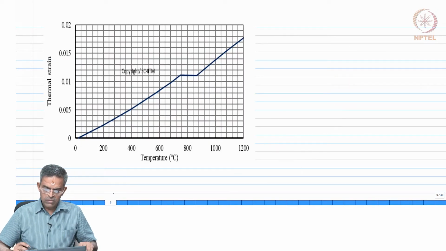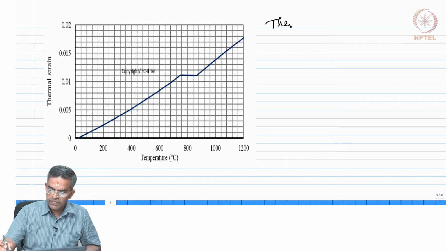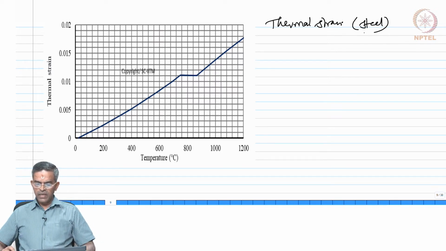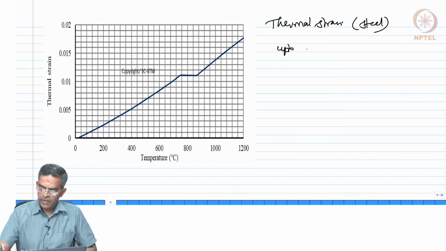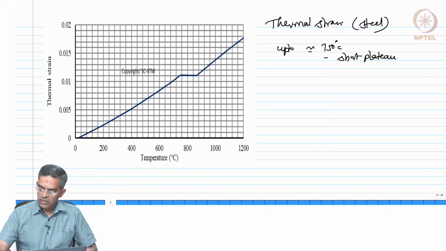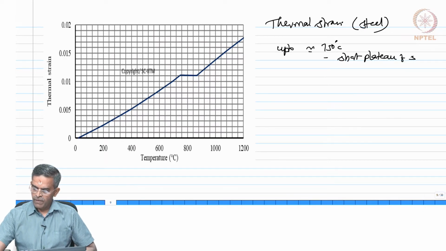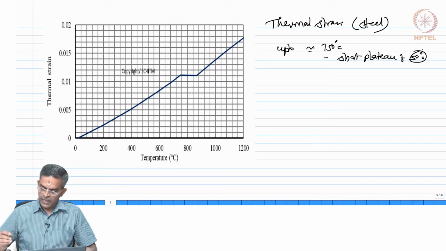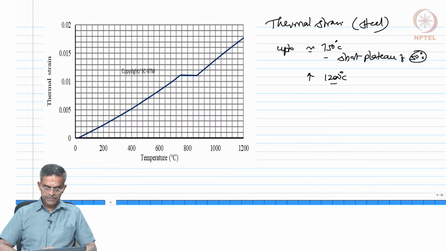We can also see the curve which talks about thermal strain in steel, which increases up to around 750, then remains constant for a short plateau of 50 degrees, then again increases up to 1200 degrees Celsius.